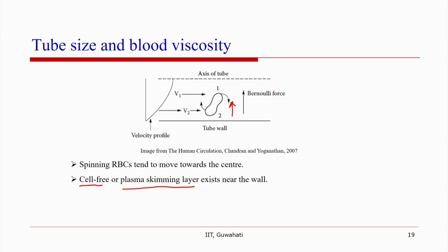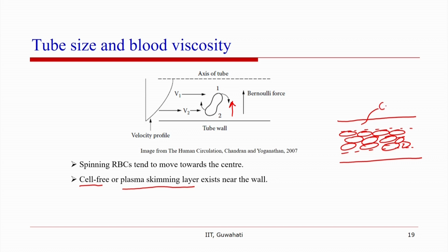As we have seen, the viscosity of the plasma is about 1/3 of that of the blood, and the flow resistance in a channel is determined by the viscosity of the fluid which is near the wall. So we can see this in this manner: in the core there are RBCs, and this is the cell free layer, and this is the core.